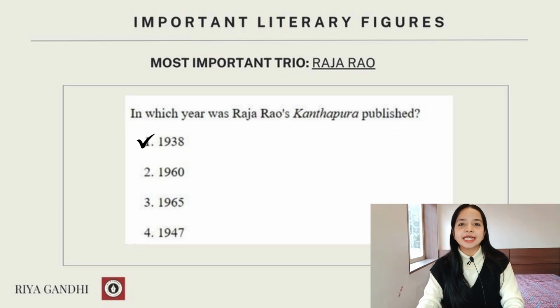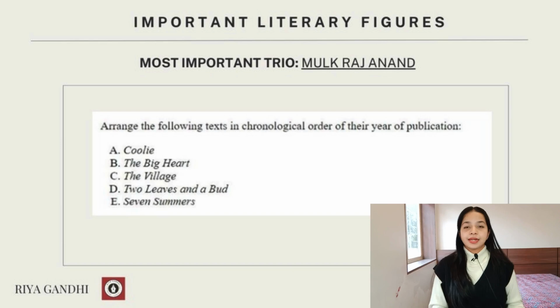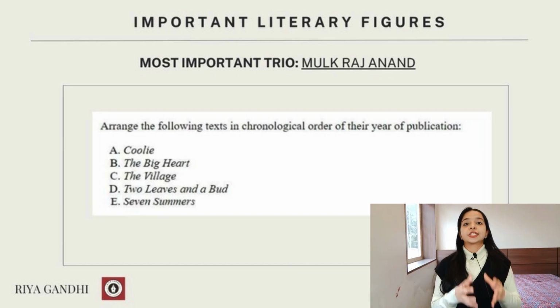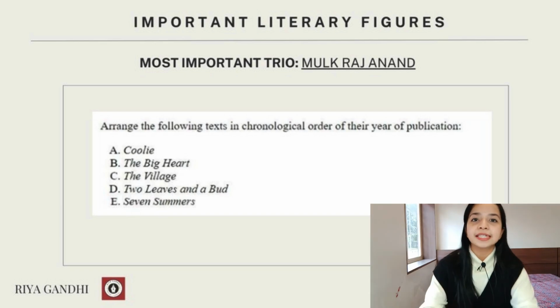So having said that, let's move on to the next important writer in the trio, and that is Mulk Raj Anand. Now, a question related to Mulk Raj Anand was basically asked related to the chronology of his works. So, basically arrange the following texts in the chronological order of their year of publication. The options are Coolie, The Big Heart, The Village, Two Leaves and a Bud, and Seven Summers.